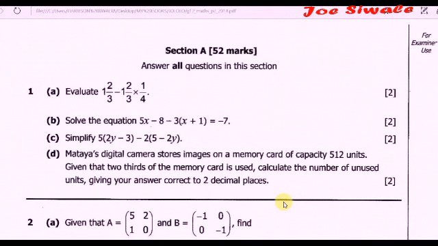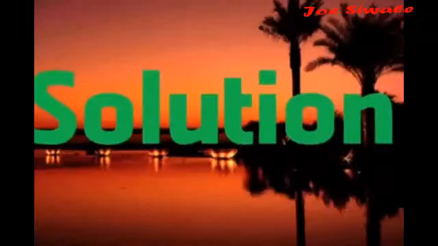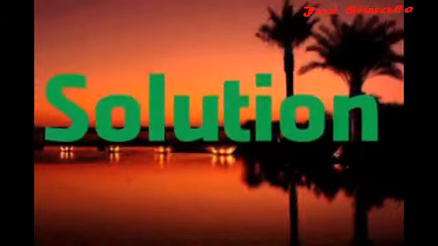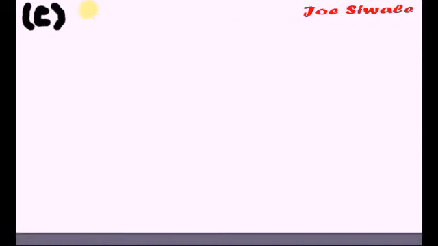Question 1c says simplify 5 open bracket 2y minus 3 close bracket minus 2 open bracket 5 minus 2y close bracket. Finding the solution to question 1c.